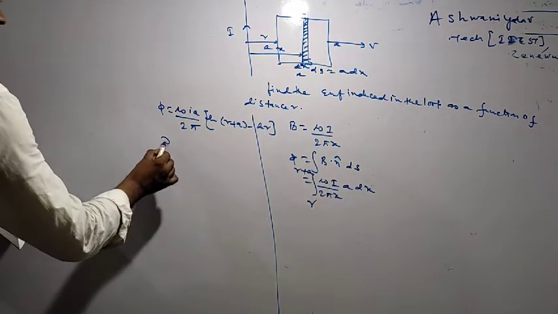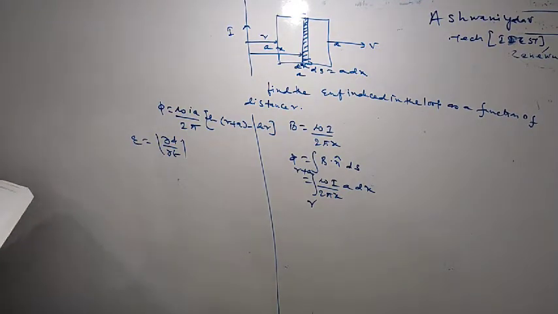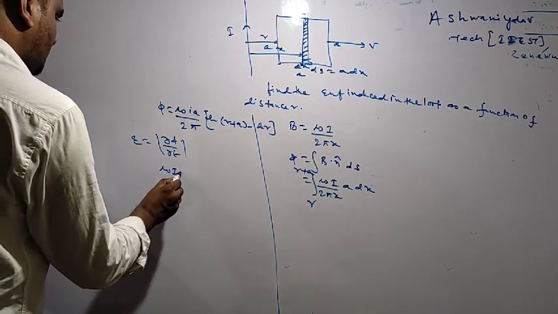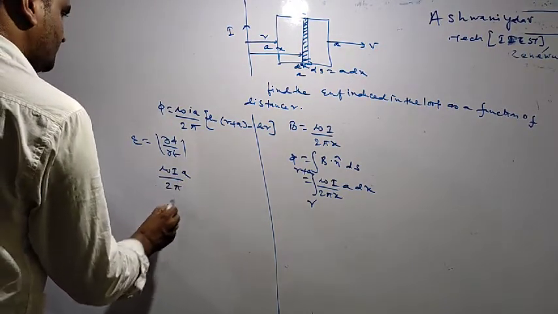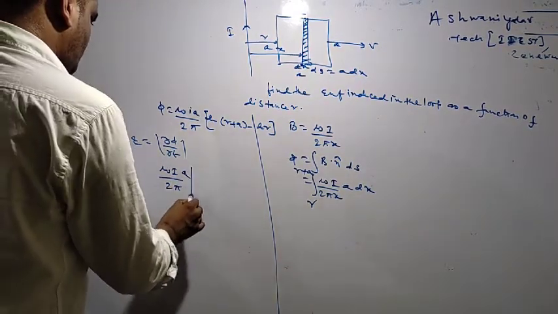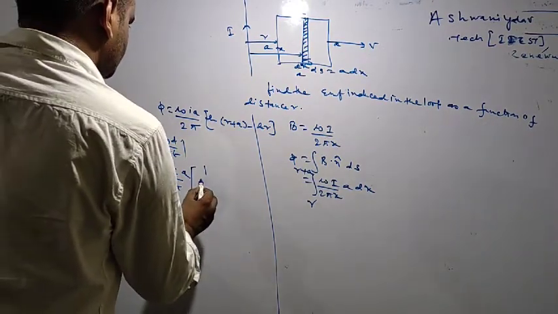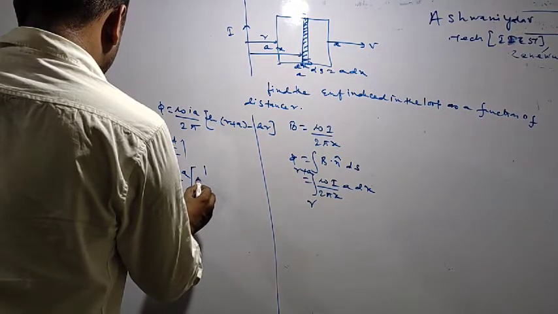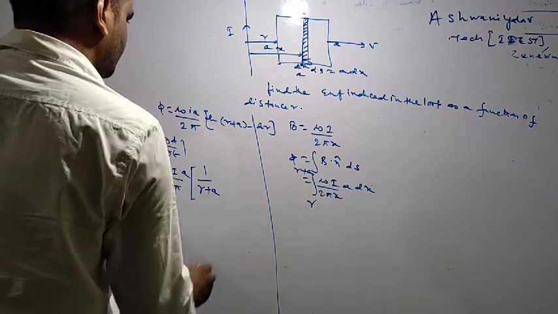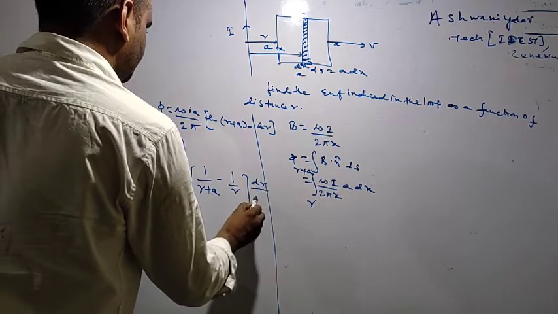Okay, it's a flux. Now the time derivative of this flux's magnitude will give you the EMF. Differentiate it and you get mu naught I a by 2 pi, times 1 by (r plus a) minus 1 by r, and dr by dt.